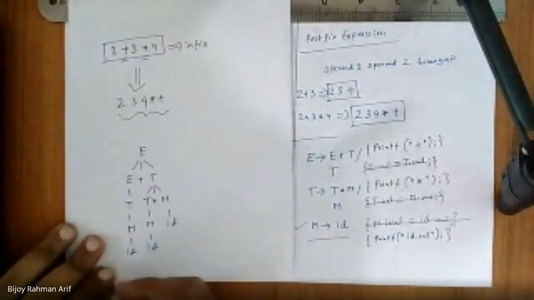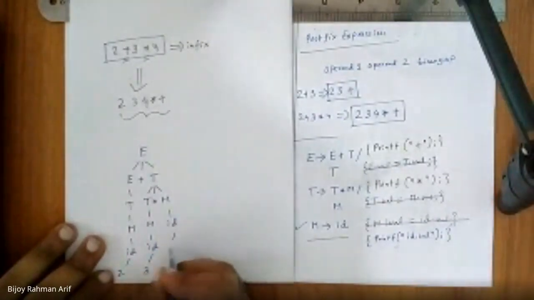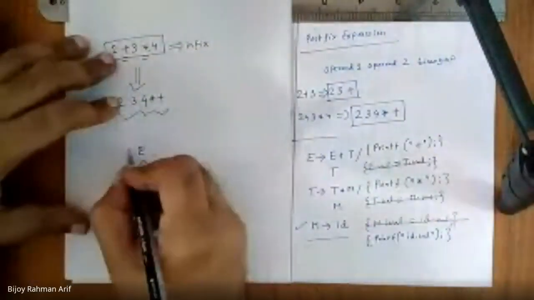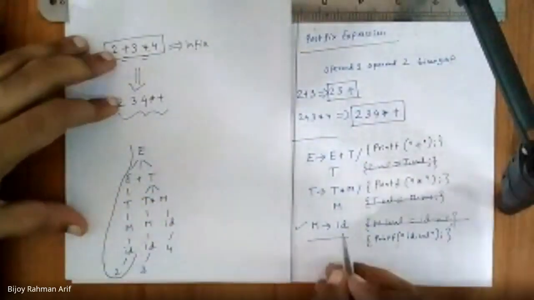This ID is nothing but the value of 2, this one is the value of 3, this one is the value of 4. Now traverse. If you traverse, what do you get? First one, first product, ID derives to M.